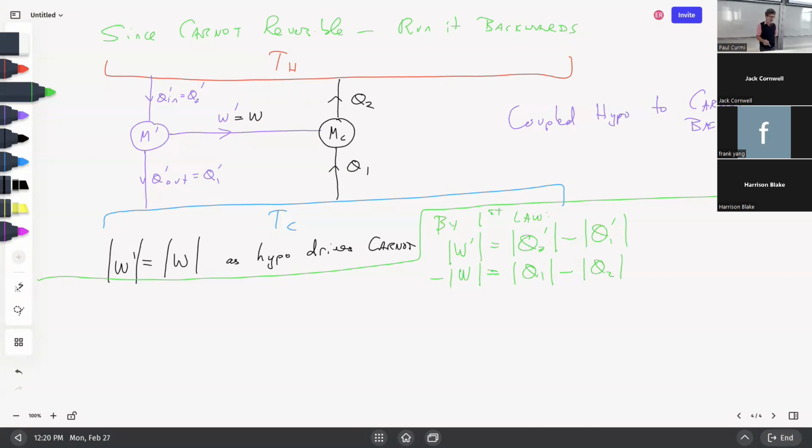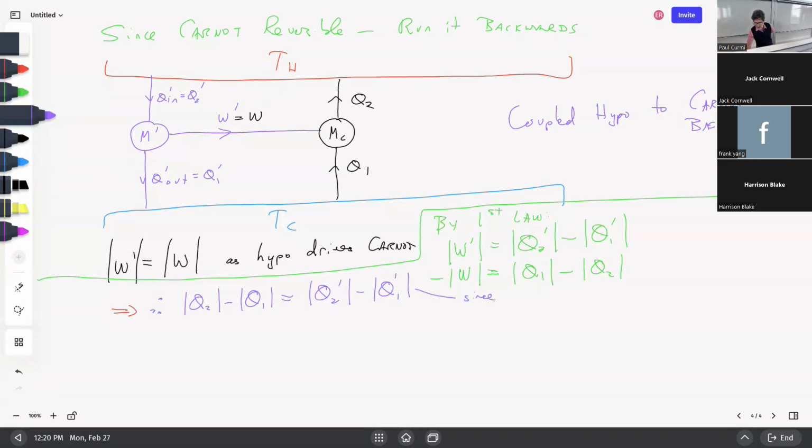Okay? So if I combine those two equations, I can write that therefore Q2 minus Q1 has to be equal to Q2 dashed minus Q1 dashed. And that's because since W dashed is equal to minus W, the two are coupled together, so the work is the same.